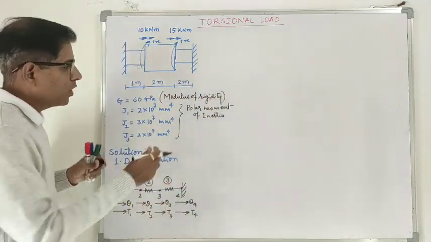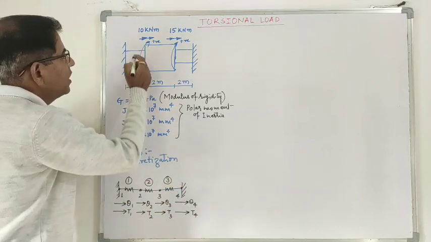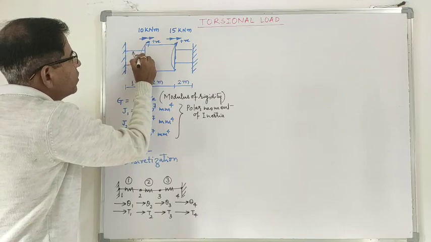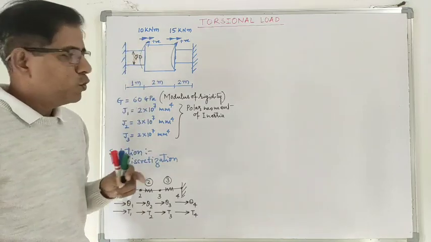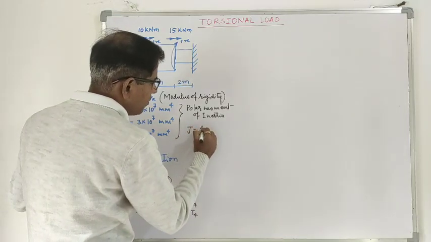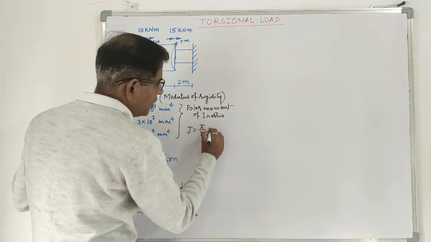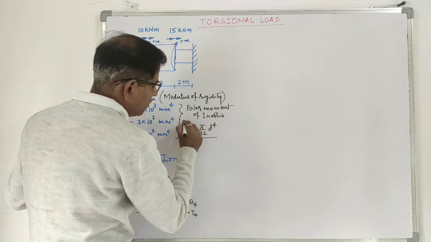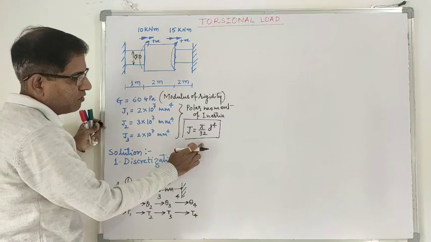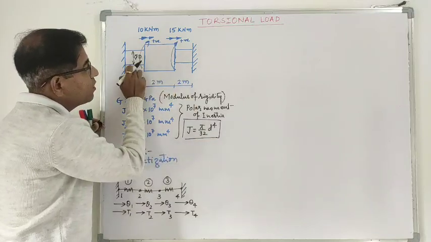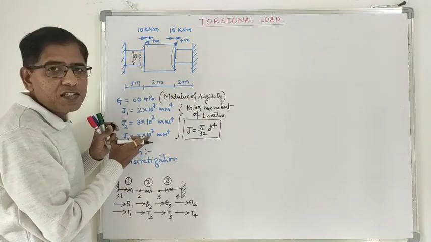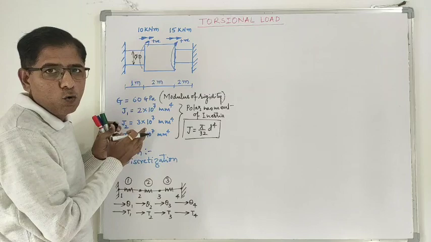If the polar moment of inertia is not directly given and the diameter D is given, you can easily find J. J is nothing but pi by 32 d to the power 4. By using this formula, you can find the polar moment of inertia when the diameter of a shaft is given. If it is directly given, then there is no issue.